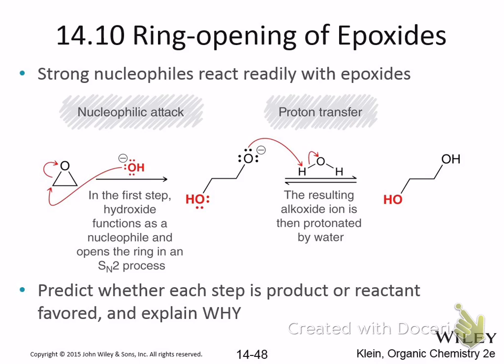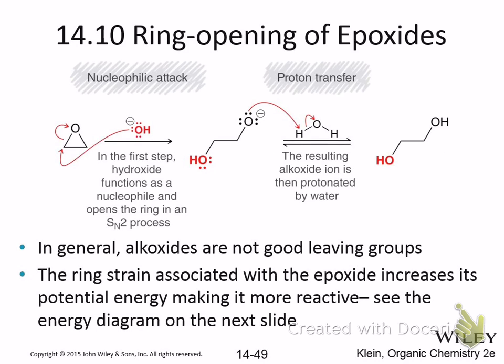This protonates and forms a diol. So this was the mechanism for the formation of diols from epoxides. Overall, it was an anti-addition. Okay, so let me skip all of that.